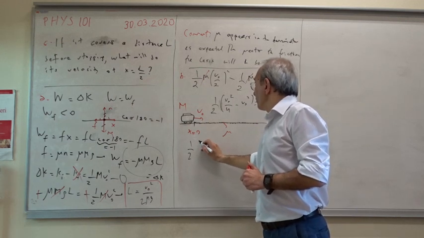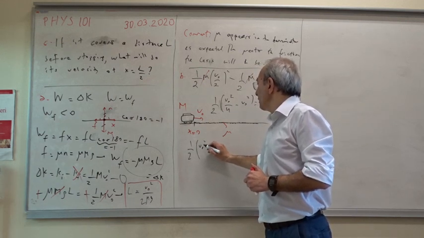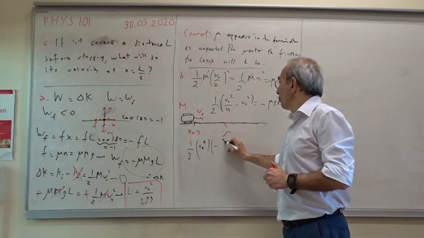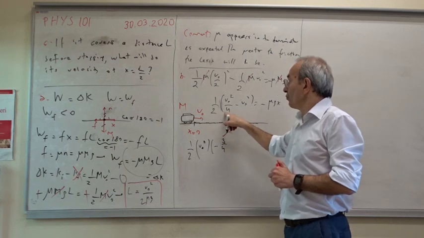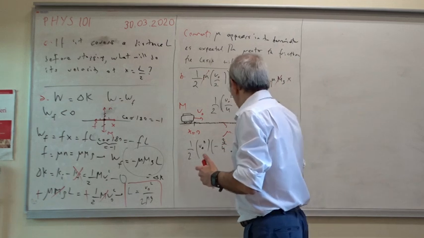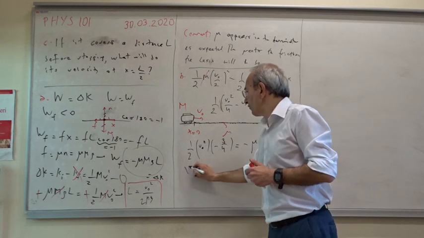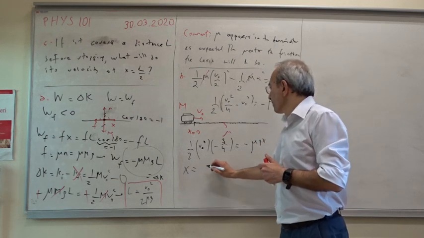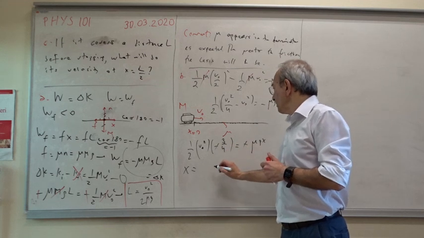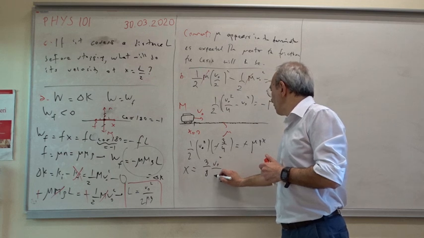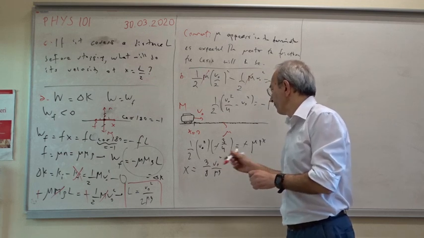So 1/2 times v0 squared times minus 3 over 4. 1/4 minus 1 is minus 3 over 4. It is equal to minus mu times g times x. So x is easily found. These minus signs will cancel, x becomes 3 over 8, v0 squared over mu and g.